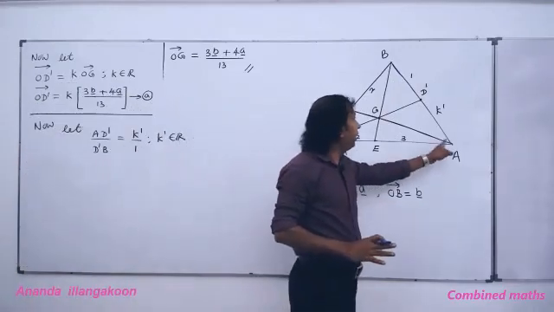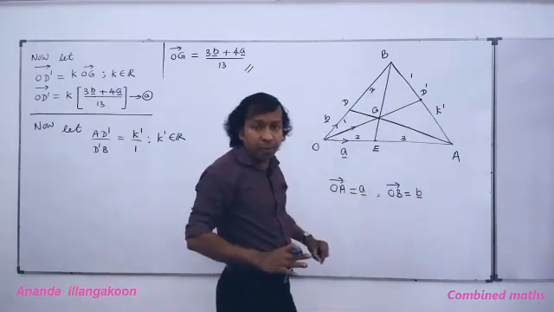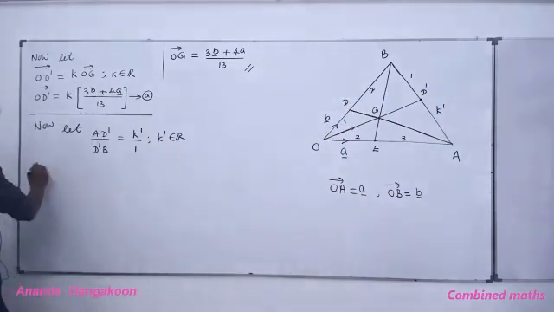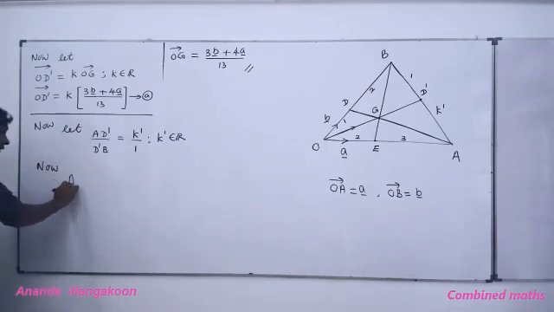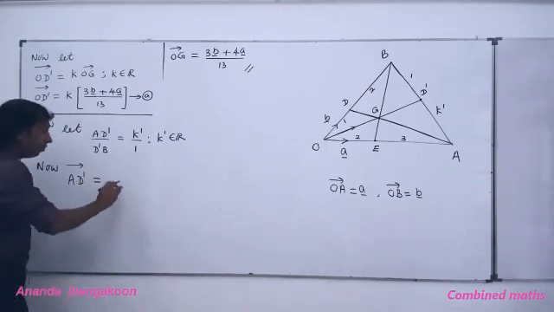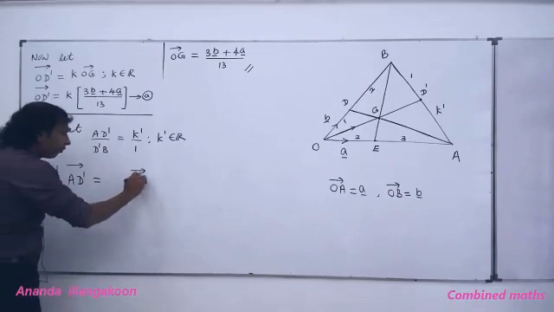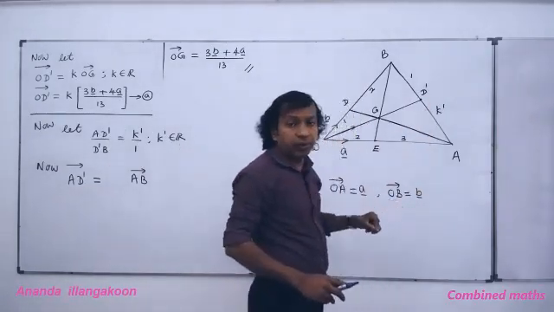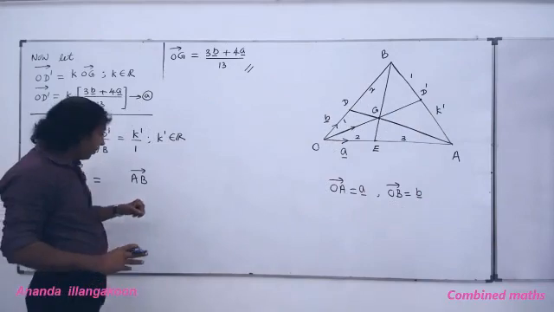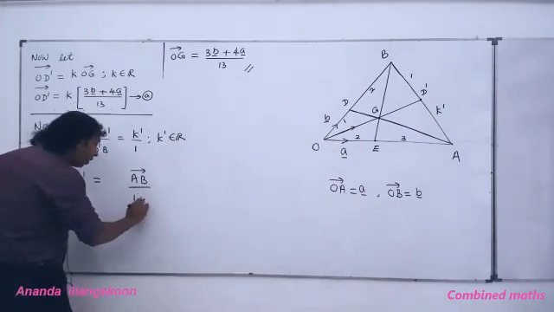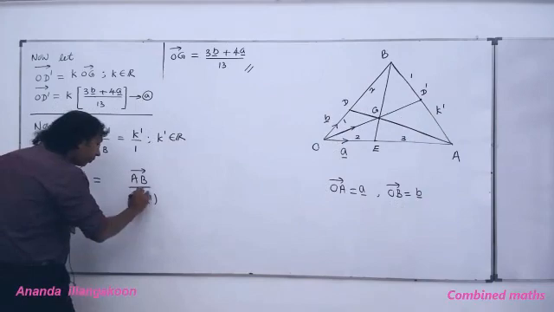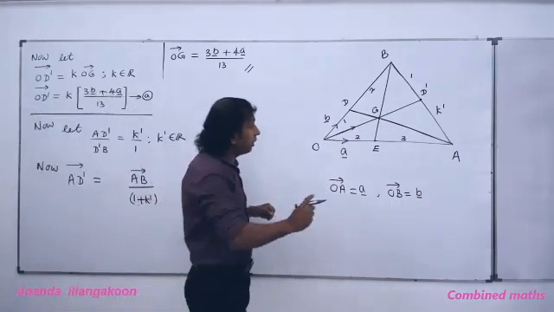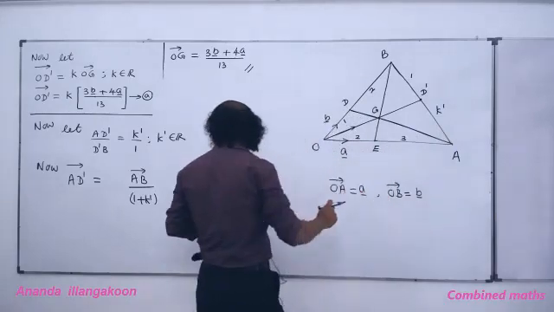Now tell me how to write AB dash vector in terms of AB. People, add these ratio figures: 1 plus K dash. Then AB vector is divided by this 1 plus K dash, and that one should be multiplied by K dash.